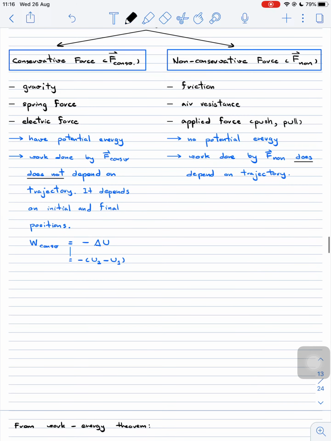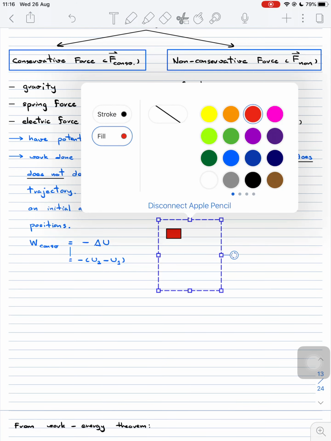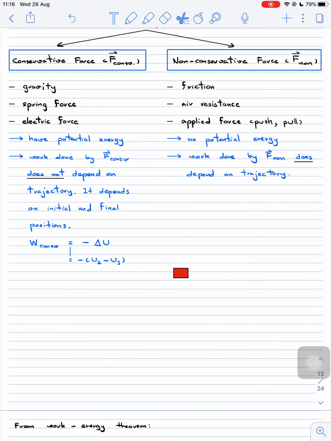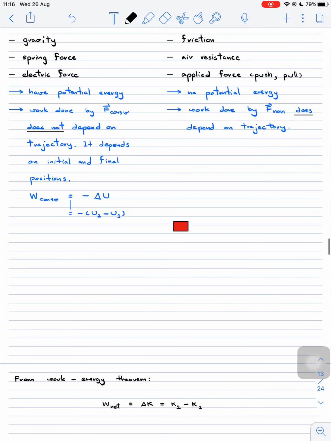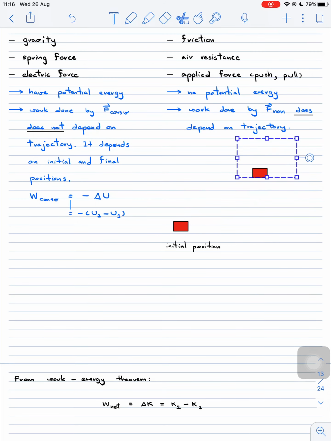moves. For example, if I have an object here, let's say that this is the initial position of the object, and then the object just moved to this position.